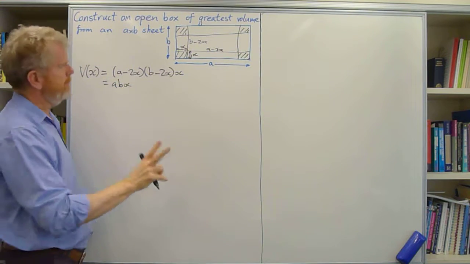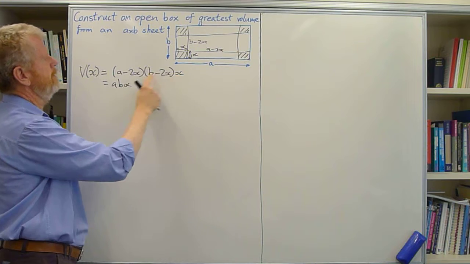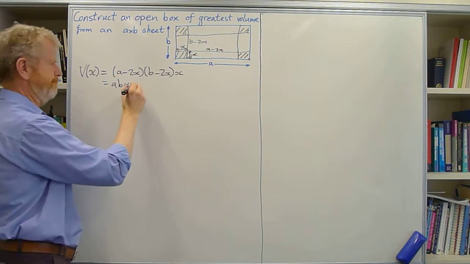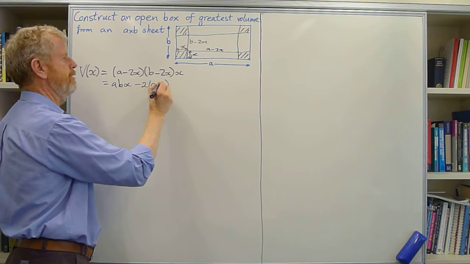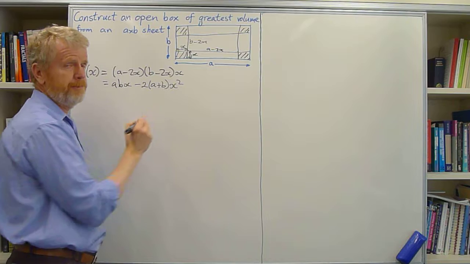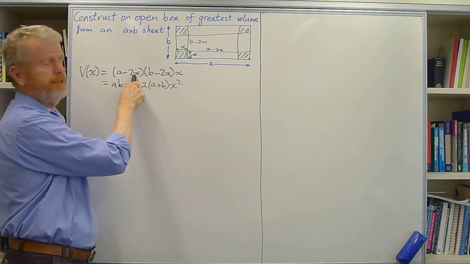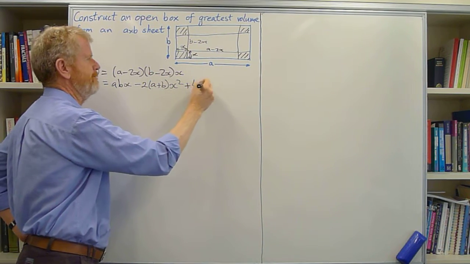And there's two terms in x squared. There's minus 2x times b times x. And there's also a times minus 2x times x. So put those together, and that's minus 2(a plus b) times x squared. And then there's an x cubed term, which is minus 2x times minus 2x times x. That's plus 4x cubed.